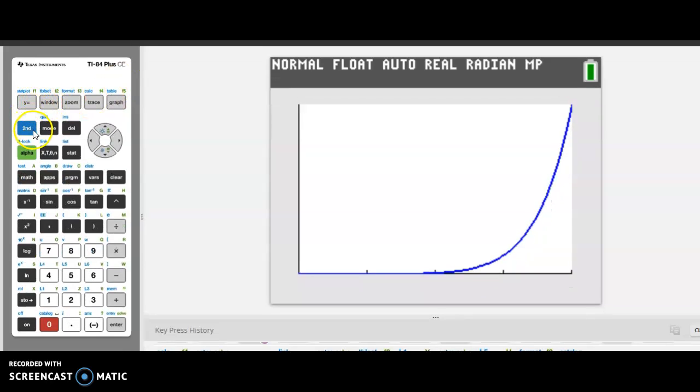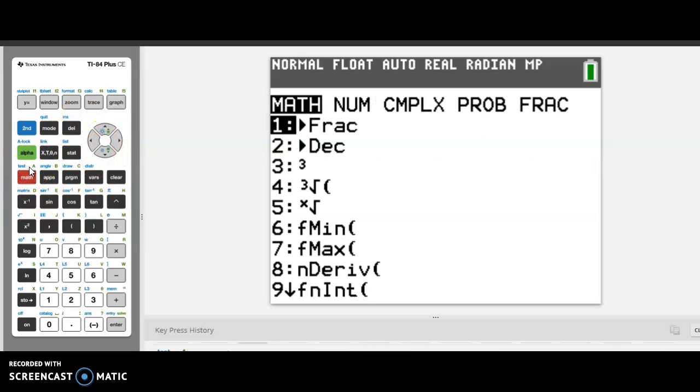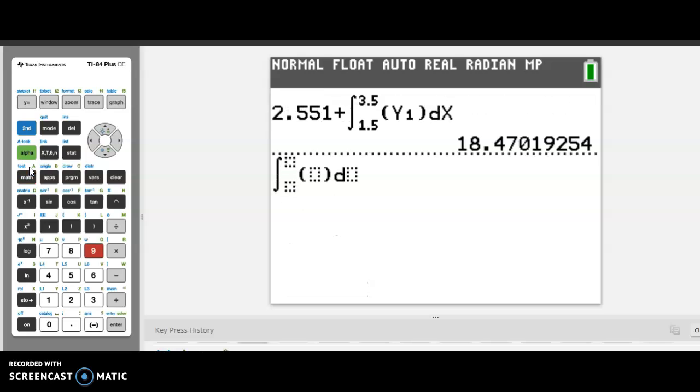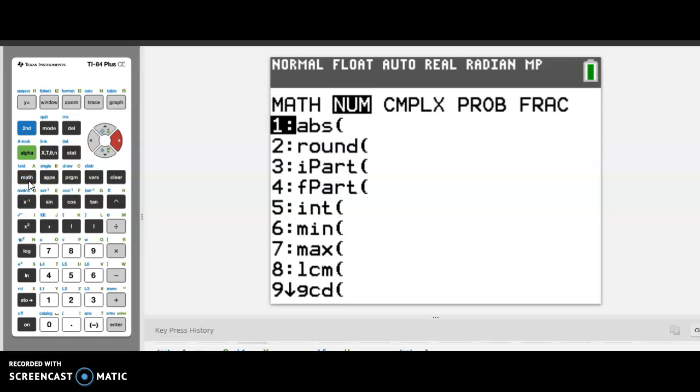But in case it was not, if it was below the x-axis at all, what you would want to do back in your home screen is do the integral again, which is the math 9, from 1 to 5, and then under the math tool, well, there's two ways to get there.